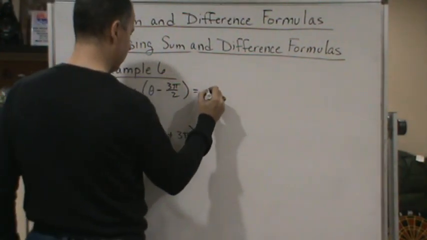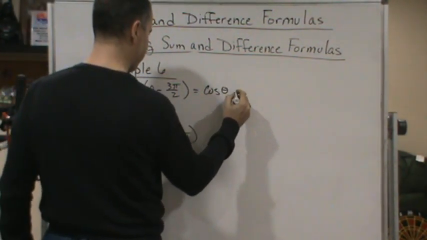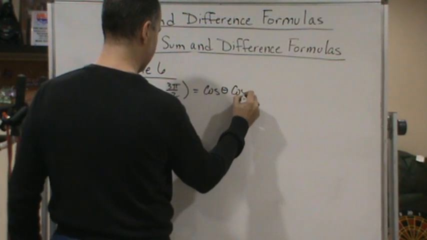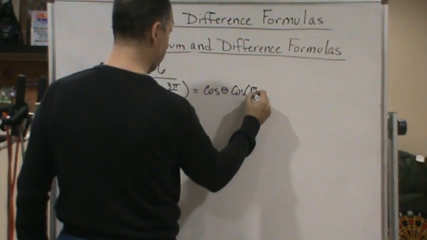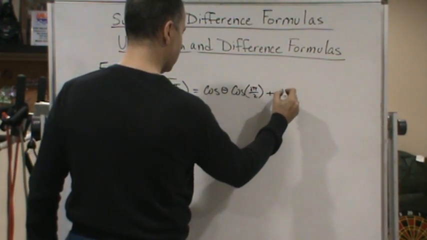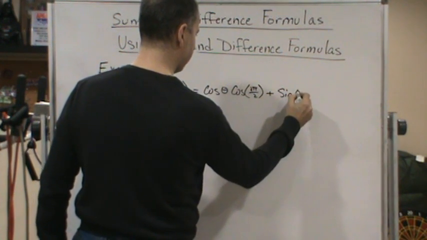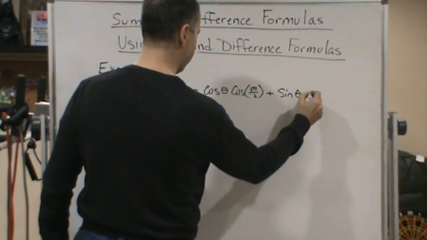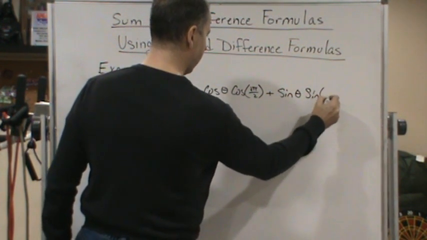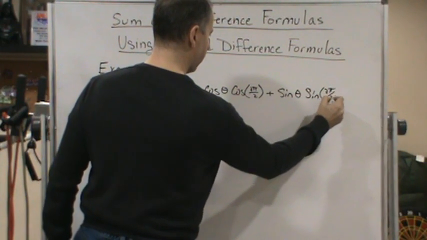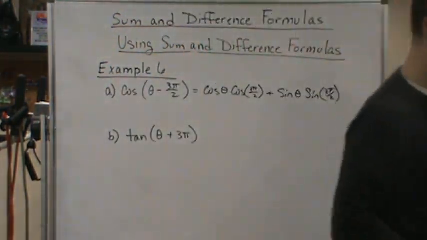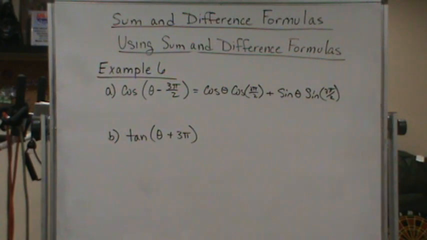So that means it's going to be cosine theta, cosine of 3 pi over 2 plus sine theta, sine of 3 pi over 2. And that's just from memorizing the formulas.